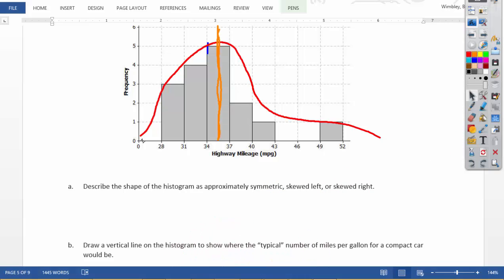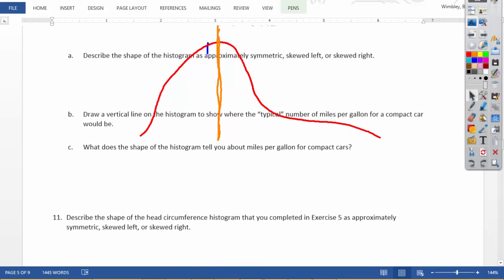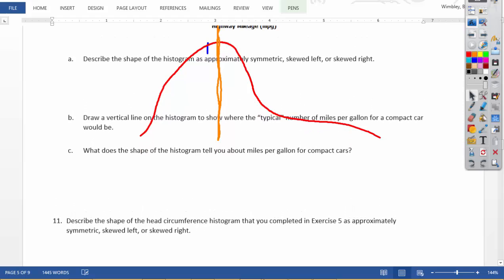This next one's going to ask us to describe our data. What does the shape of it tell you? Well, the shape tells me a few things. It tells me that most cars get around 31 to 40 miles per gallon, that MPG.